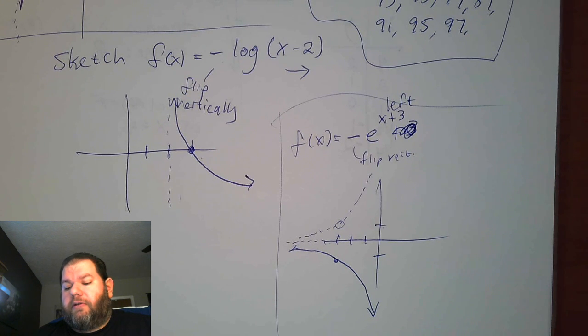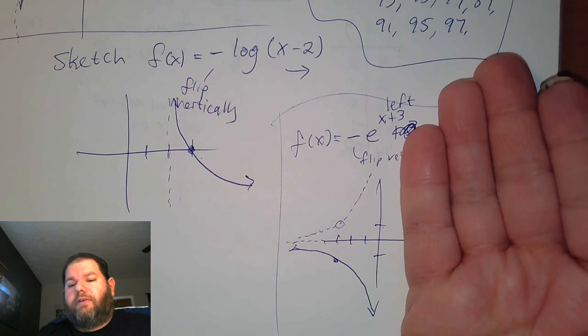Why isn't that horizontal? I'm not sure what you mean. Oh, why isn't it a horizontal flip? A horizontal flip would move it from one side to the other side.